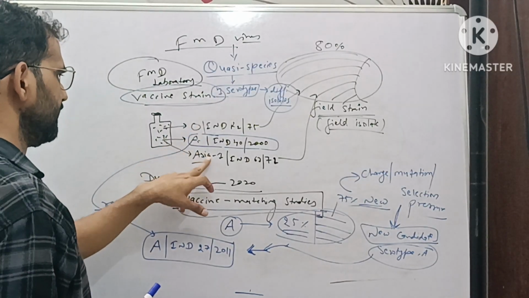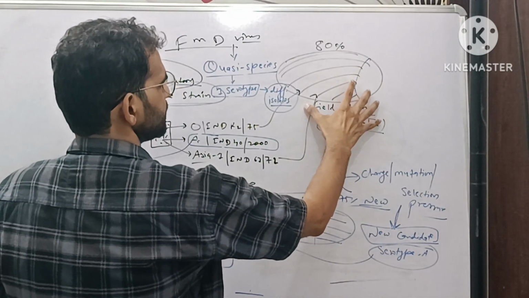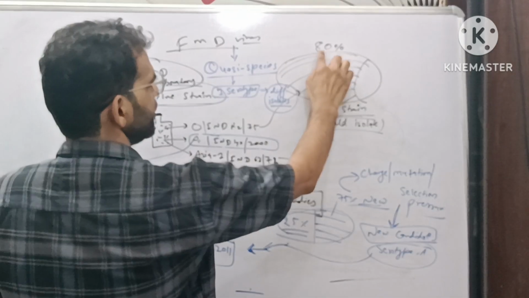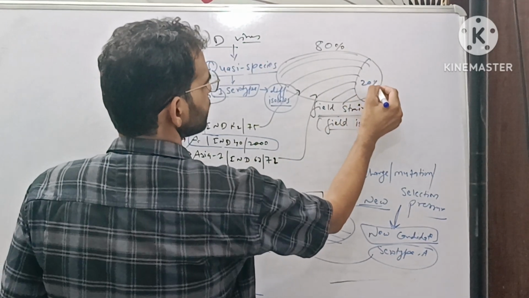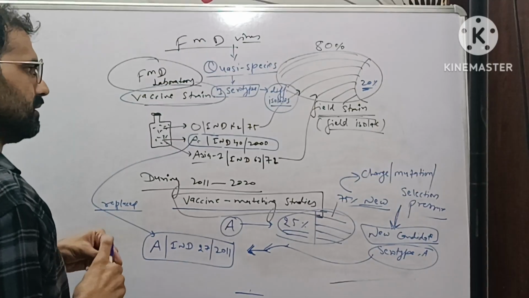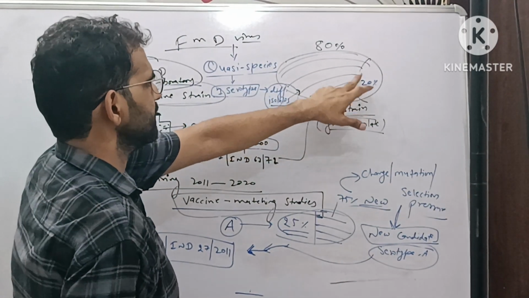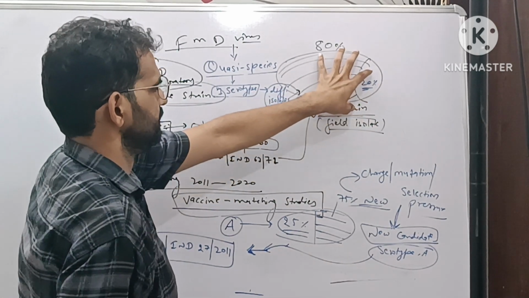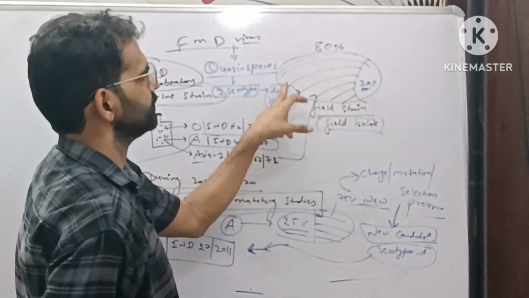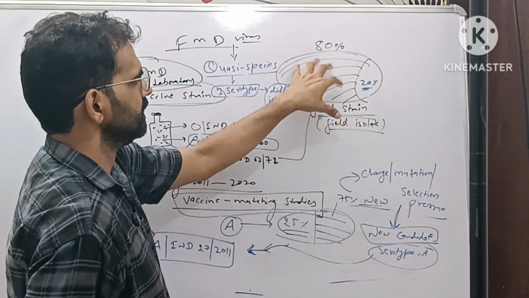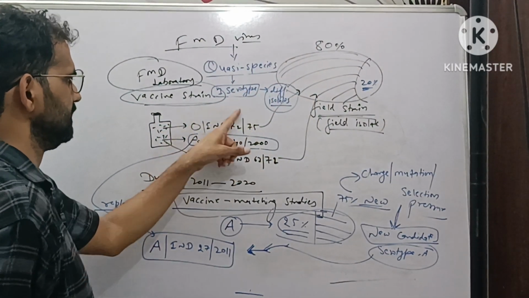So even these O and Asia 1 are not covering 100% of the field strains. They are providing just 80% or more. It means the remaining 20% field isolates are not causing many outbreaks, but different isolates are present. So even the O serotype has different isolates, and out of these 100 we are covering just 80% with the help of our standard vaccine strain.